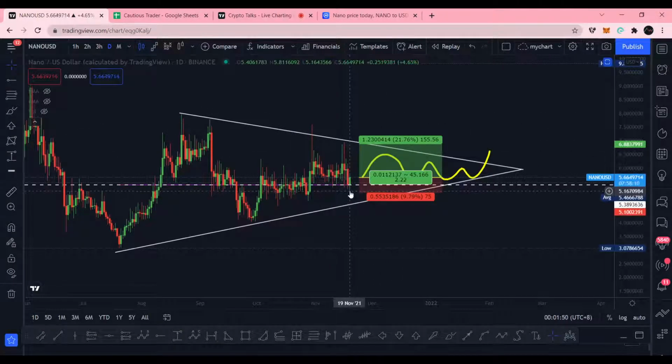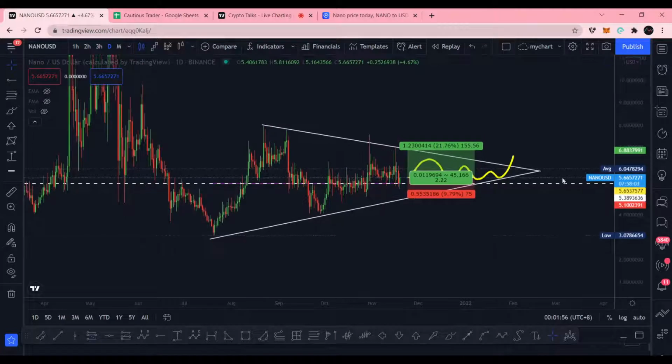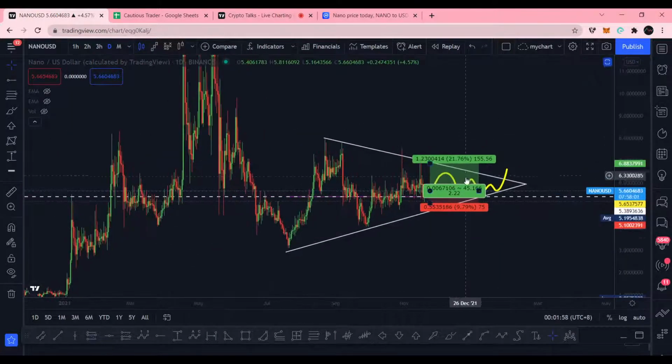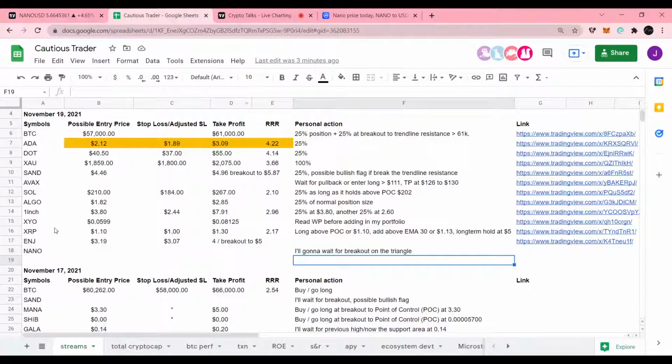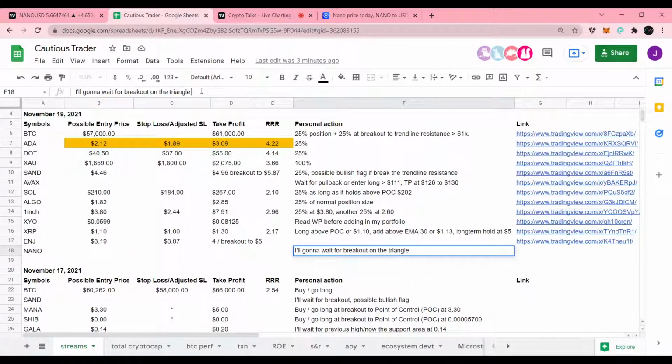Normally, when I'm putting in for spot, this is just buy and hold, ano? But anyway, my stop loss will still be at 5.10. So I'm going to wait for the triangle breakout, or trade the range.